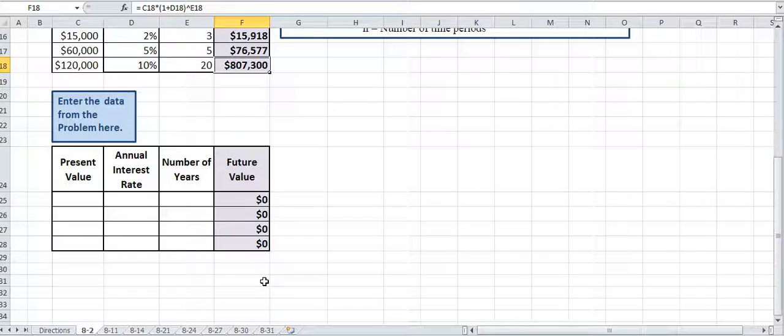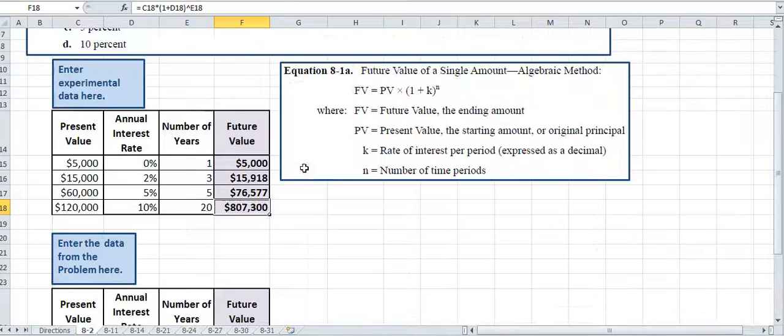Really the point to this is that if we have a higher rate of return, our future value is going to be greater. Excuse me. If I were to look at this, well, actually, I've got different values for present value, return, and number of years.